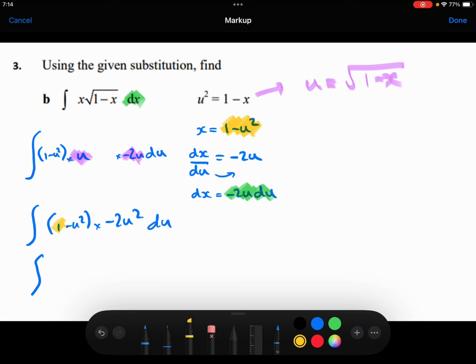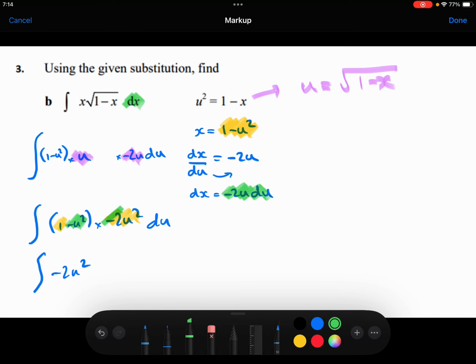Right, the 1 times the minus 2u squared is minus 2u squared. The minus u squared times the minus 2u squared is positive 2u to the power 4.